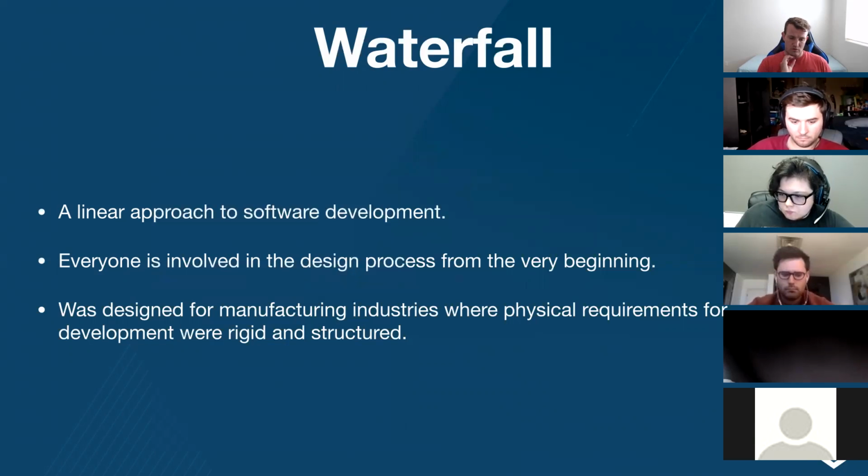So if you had to build a car, you couldn't stop the process in the middle and say, actually, we want to change the body of the car to look like this. Once you have the physical requirements set up for your product, those requirements were rigid and structured.